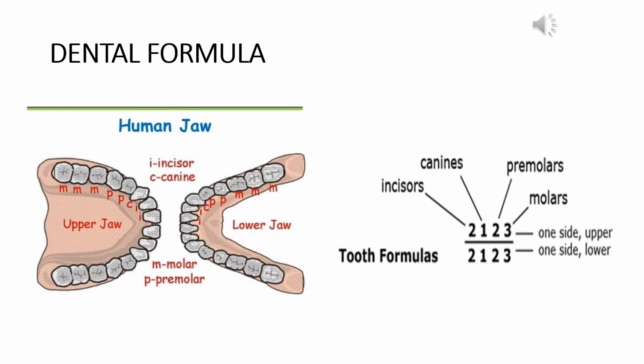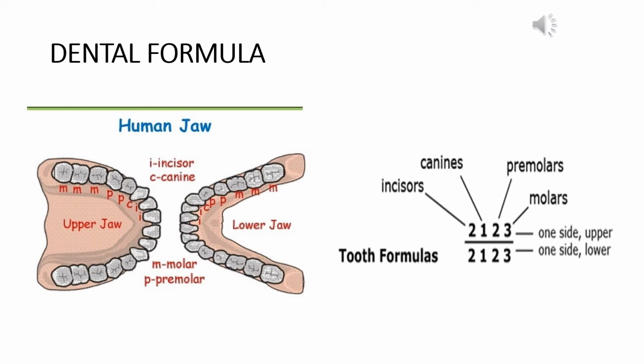Dental formula is the representation of the different types of teeth in each half of the upper jaw and lower jaw. As in the left hand side picture, we can see in the human jaw, in one half of the upper jaw and in one half of the lower jaw, there are two incisors present. Then on the side of the incisors, there is one canine present in each jaw.